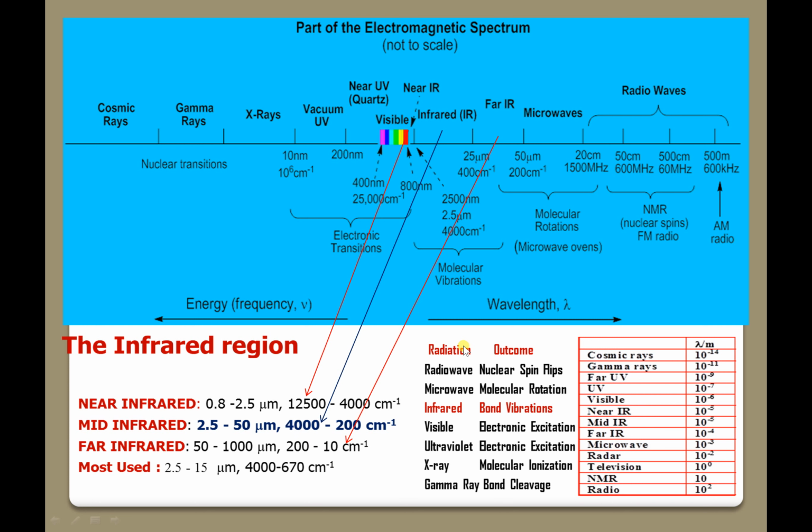Now here it is given radiation and outcome: radio wave, nuclear spin flips; microwave, molecular rotation; infrared, bond vibration; visible, electronic excitation; UV also electronic excitation; X-ray, molecular ionization; and gamma ray is bond cleavage.